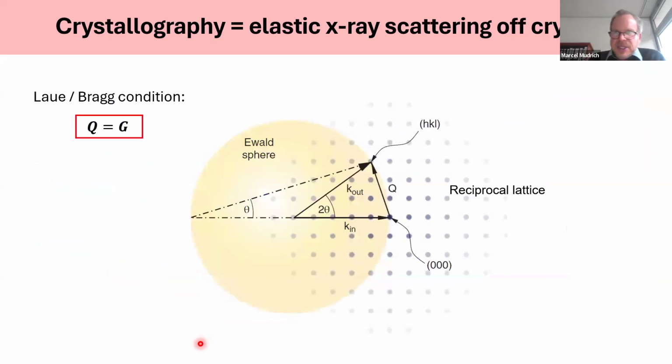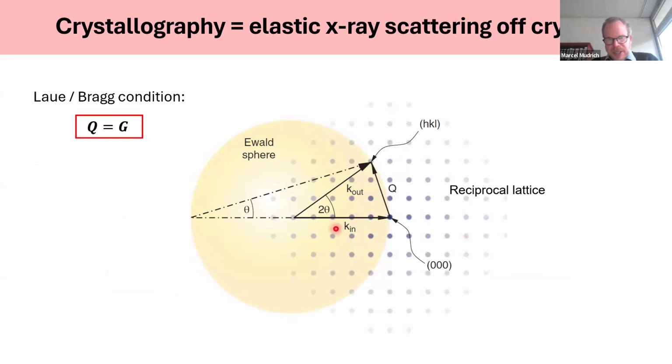And why do I insist on this reciprocal lattice concept? Because there we can draw what is called the Ewald sphere in the reciprocal lattice. These points indicate lattice sites in reciprocal space.